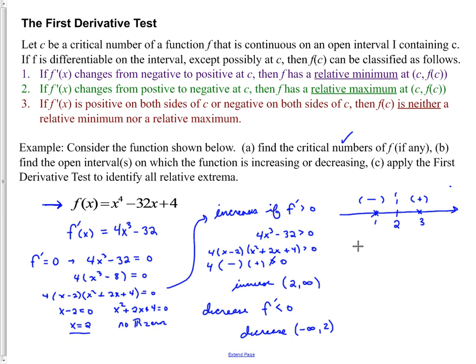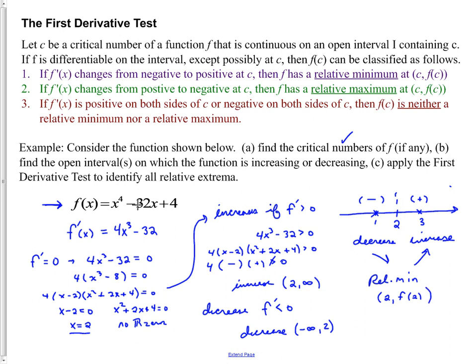So this function decreases on the interval from negative infinity to 2, and it increases on the interval from 2 to infinity, where it changes from decreasing to increasing. Our rule says a change from negative to positive gives a relative minimum. So we have a relative minimum at the point x equals 2, f of 2.